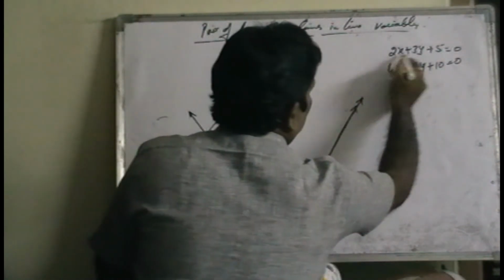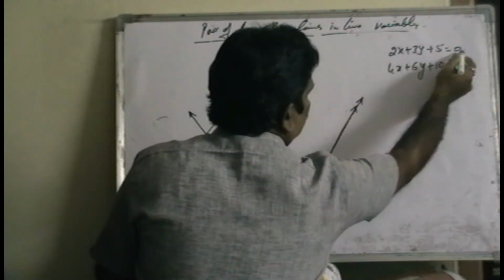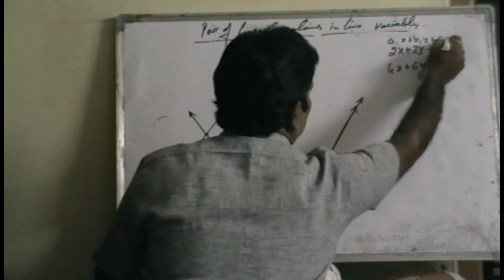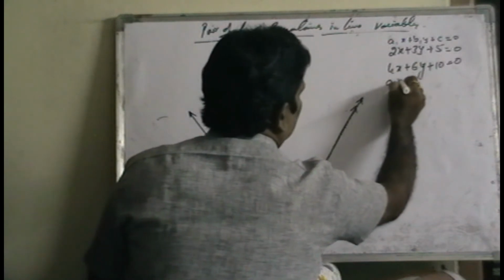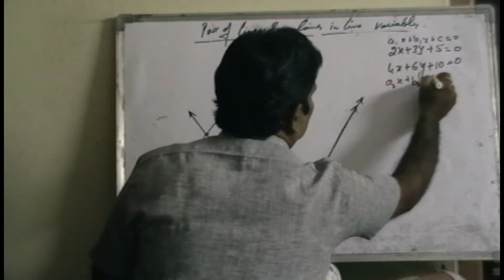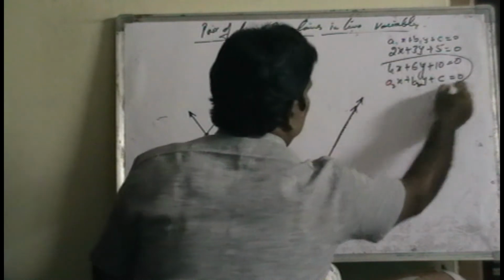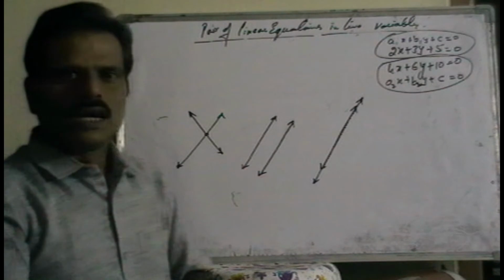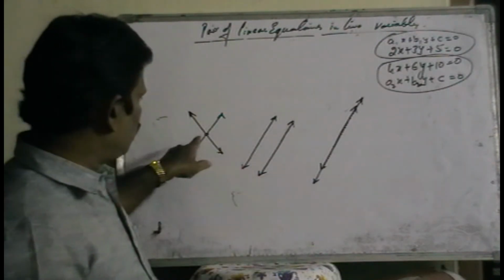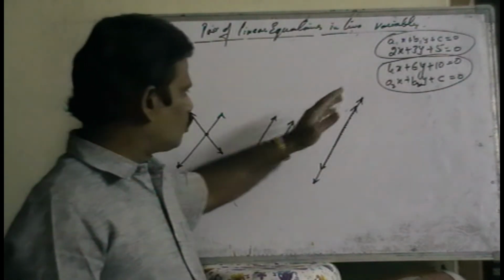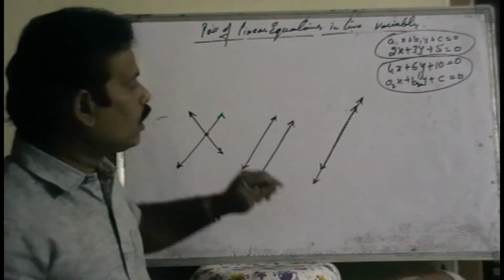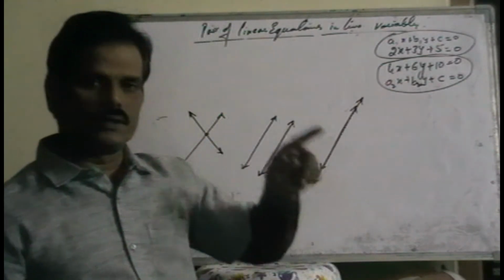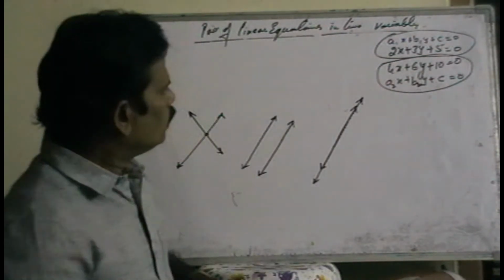Listen, here the first one is 2x plus 3y plus 5 is equal to 0. That means it is a1x plus b1y plus c1 is equal to 0. The second equation is a2x plus b2y plus c2 is equal to 0. Whether they are intersecting, parallel, or coincident depends on the relation between the ratios of the coefficients.